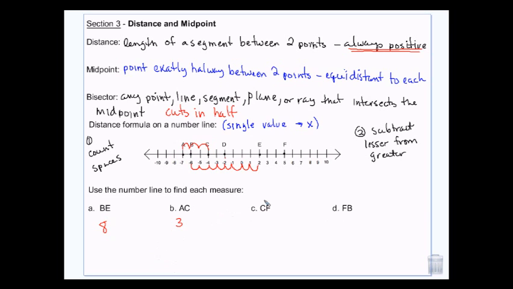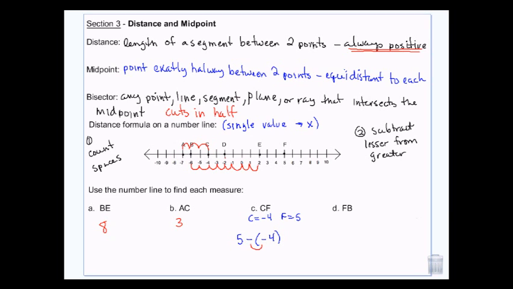Now if I'm subtracting, I want to subtract C and F. C is -4, F is 5. So I'm going to do the lesser from the greater. And this is my little thing, this double negative, and then it's a smiley man.